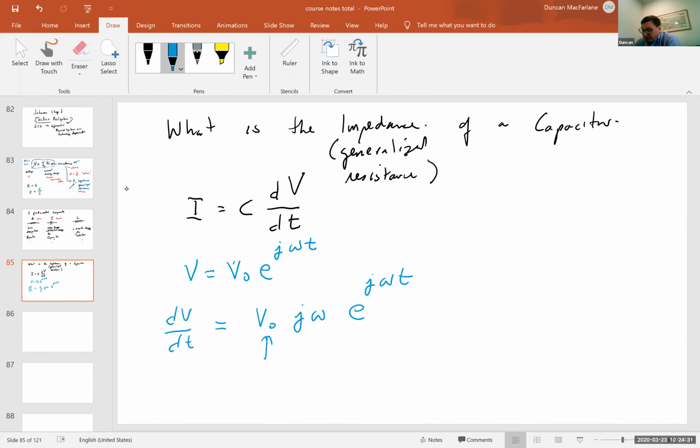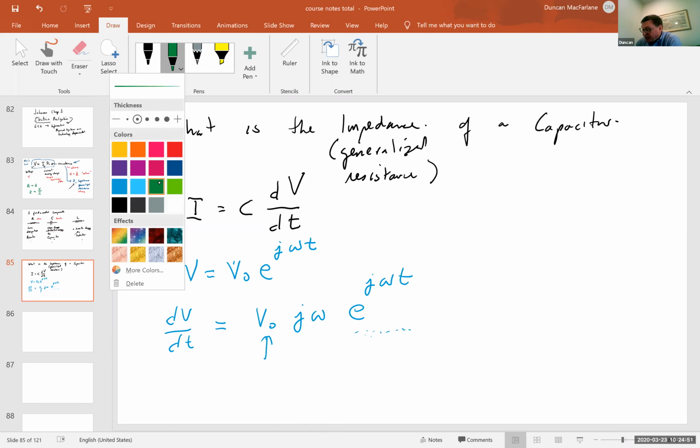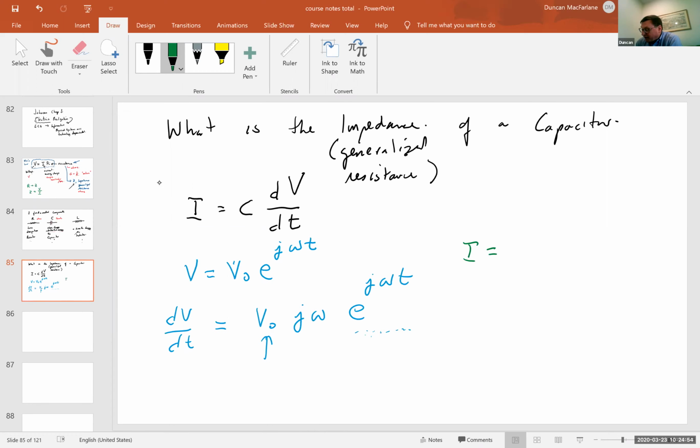Now, if the time dependence of the derivative of the voltage is still e to the j omega t, this is the full time dependence of the voltage. This is also then the full time dependence of the current. So I have I is equal to I naught e to the j omega t.